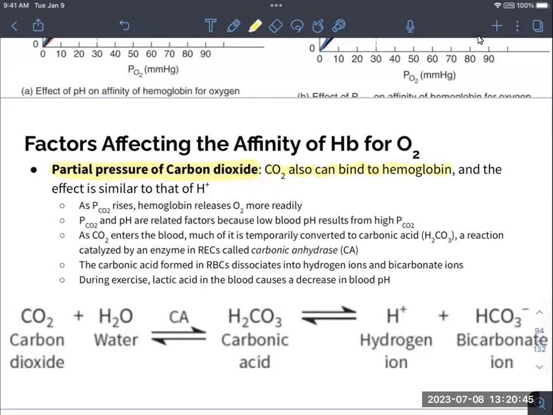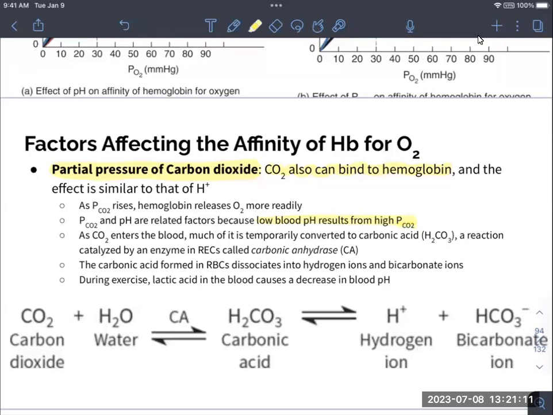So as the pressure of carbon dioxide rises, hemoglobin is going to release more oxygen molecules. The pressure of carbon dioxide and that pH are both kind of related, because lower blood pH is from high pressure of carbon dioxide.